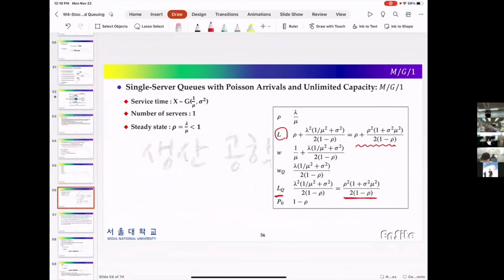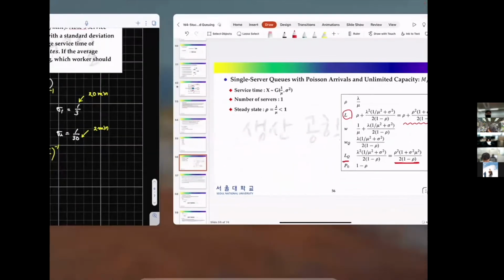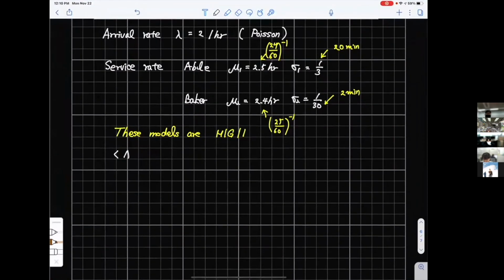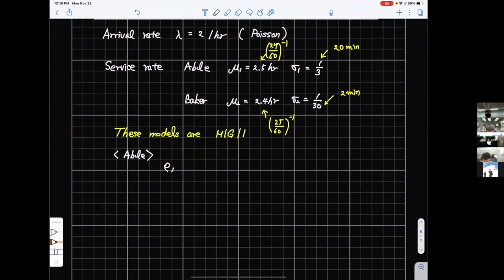So we just need to calculate this term here. Let's start with the case of Abel. Abel's rho is the same for both people. It is 0.8.